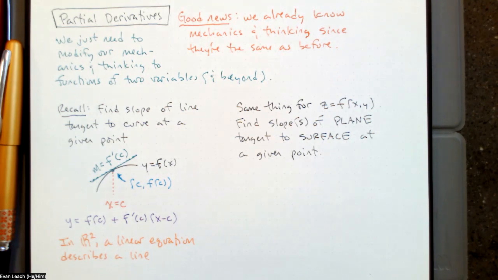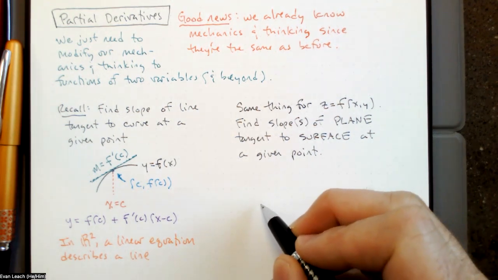Instead of finding the slope of a line tangent to a curve at a given point, we're going to find the slopes, two of them, of the plane tangent to a surface at a given point. We're doing the same thing. We'll have some surface. I'm going to draw it from the side.